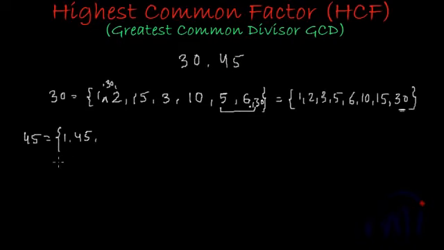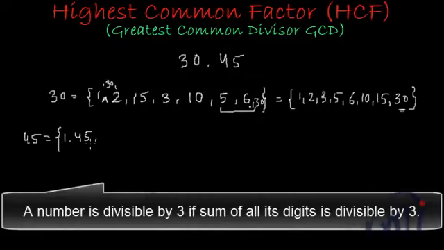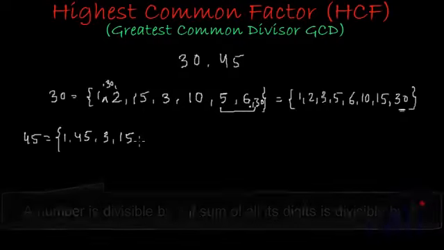So 2 will not be a factor of 45. Let's check with 3. 4 plus 5 is 9, and 9 is divisible by 3. So 3 will be a factor of 45, and when I divide 45 by 3, I'll get 3 ones are 3, 3 fives are 15. So 15 will also be a factor of 45, right?